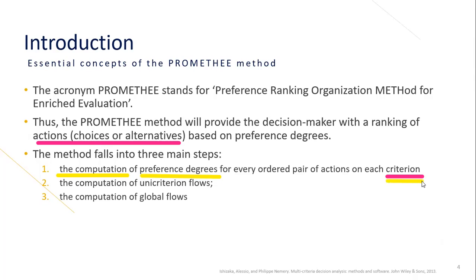So the first step is to compute preference degree for each combination of pair of actions: luxury car with economic car, luxury car with touring car, luxury car with sport car. Based on what? Let's say criterion 1 is the price. Which one do you prefer?